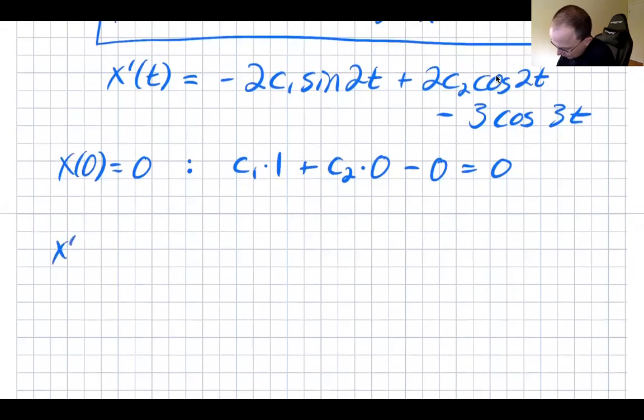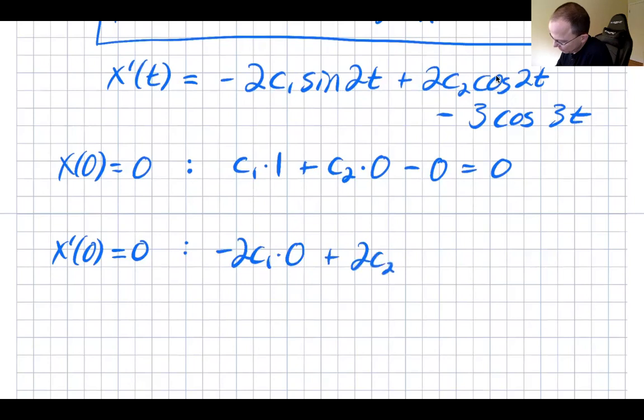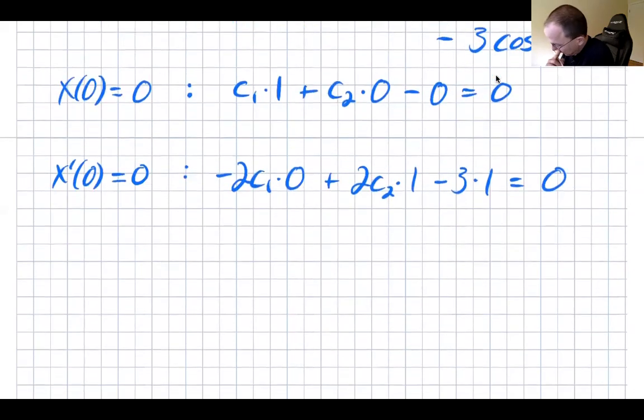And now let's do x prime of 0, and we'll get negative 2 c1 times 0 plus 2 c2 times 1 minus 3 times 1 equals 0.